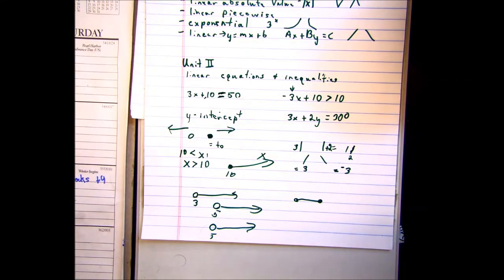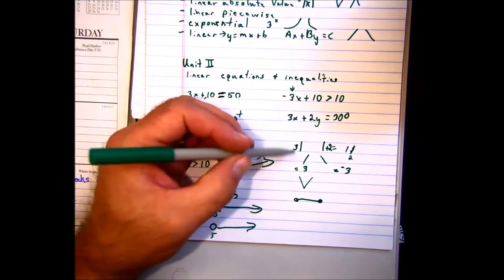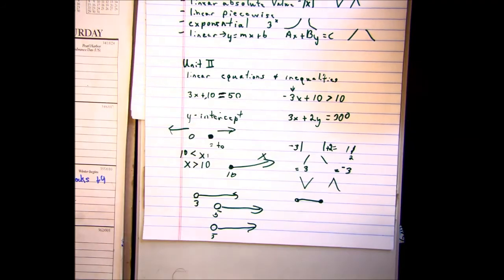That is how you get rid of absolute value signs. You have to split it into 2 problems, make one of them positive and one of them negative. Answers. And then, of course, you should know that your absolute value is going to look like this. Unless the sign in front of here is negative, then it would look like this.